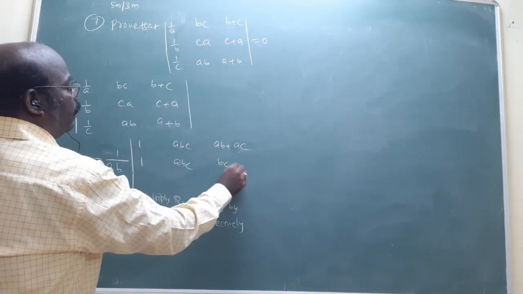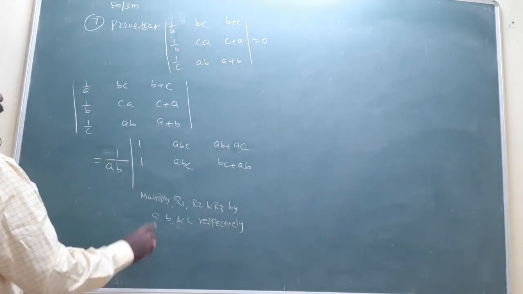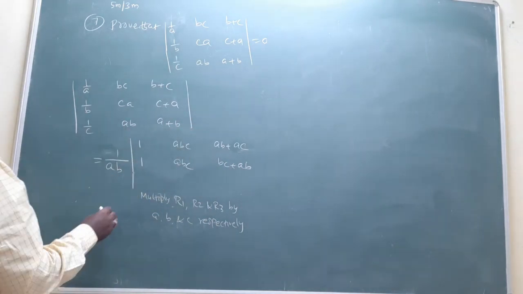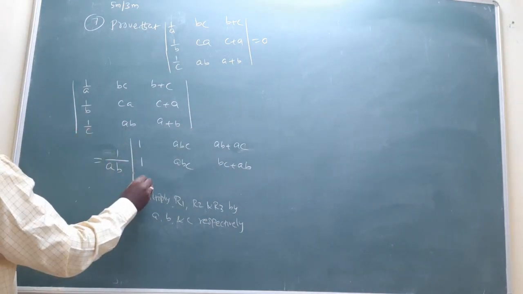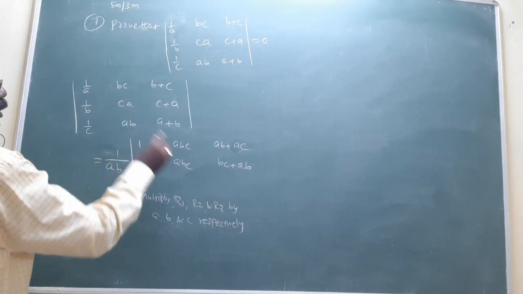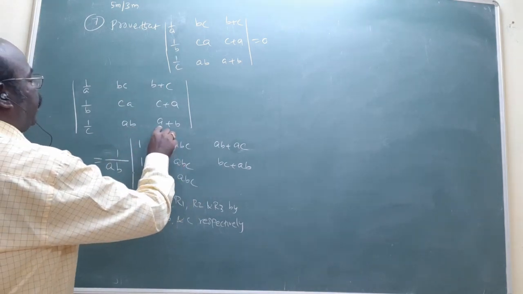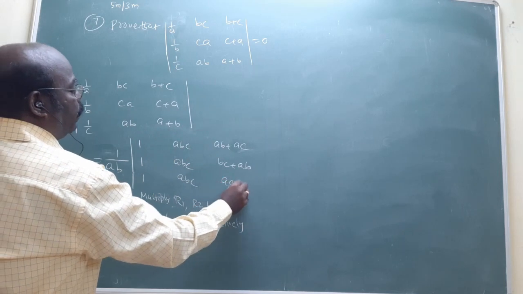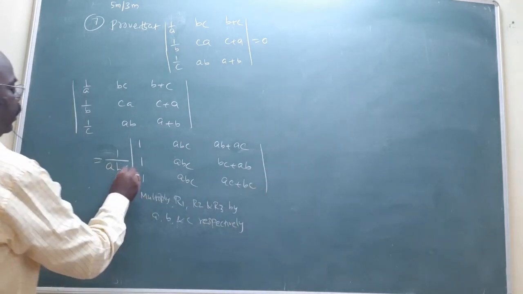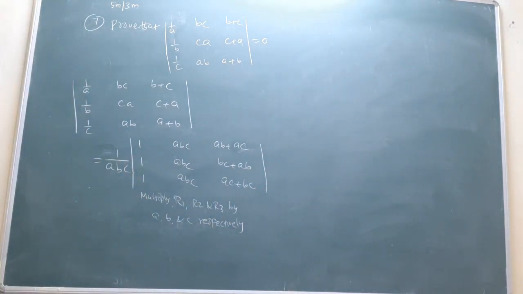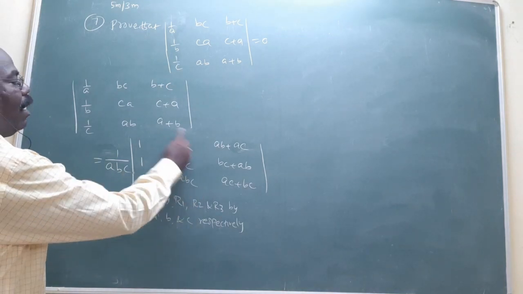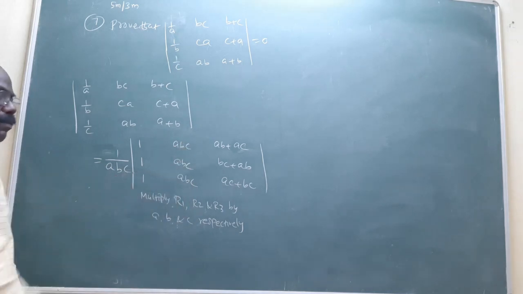BC plus A. Again, the third row is multiplied by C. Here 1 by C into C, C is cancelled, 1. A, B, A, B, C. Here C, no? Multiply by C, no? A, C plus B, C. Divided by C. Am I right? Now, in this column, all are having A, B, C common. Second option.